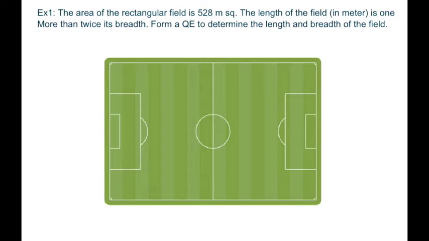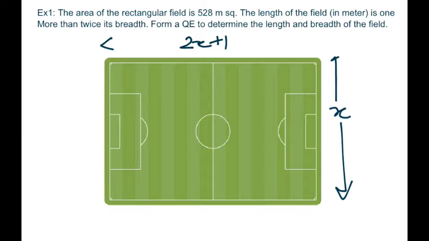Okay, so this says that this is x, and length is one more than twice its breadth, which means this is 2x plus 1, right? And the area is 528 meters square.